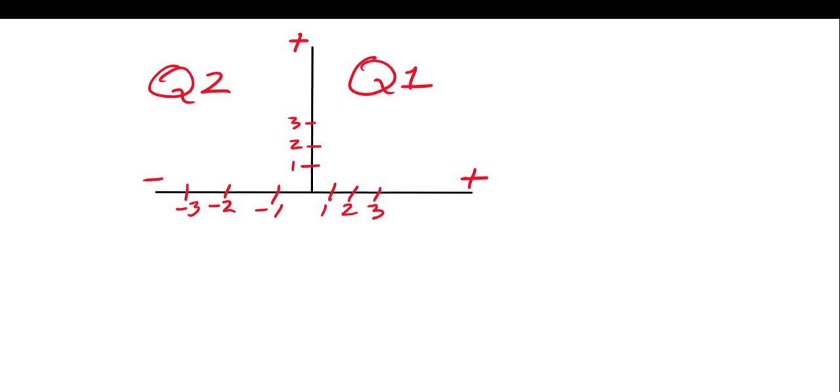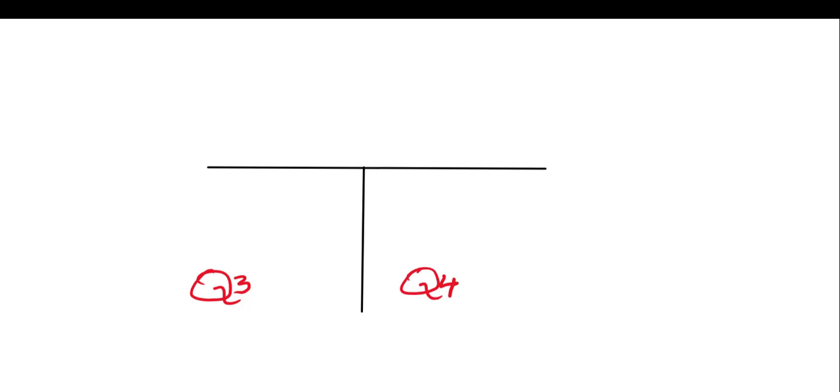Meanwhile, you'll still be using the positive vertical axis when you're in quadrant 2. As for quadrants 3 and 4, we now notice that we are using the positive horizontal axis and the negative horizontal axis, but the vertical axis will be negative.